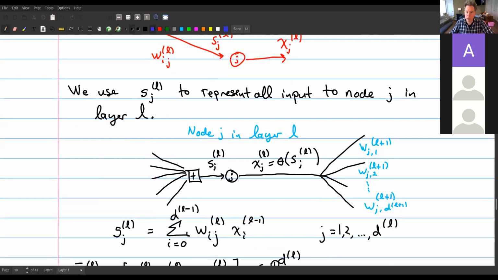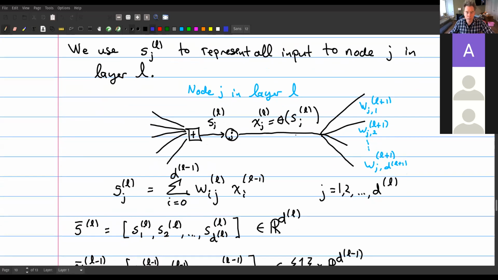So this diagram I copied from the book, but it's a little bit misleading. This s_j is node j in layer l. So all of these inputs come in and they get summed up. So here's an expression. They get summed up into a single number, and then they get exposed to the activation function.